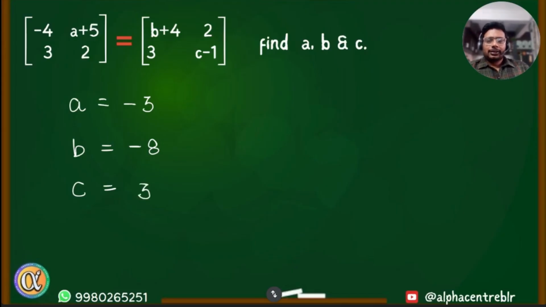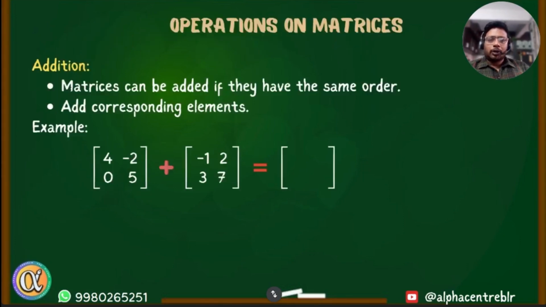So that's fine, right? A is -3, B is -8, and C is 3. These answers are correct. Moving further to certain operations which are possible in matrices.